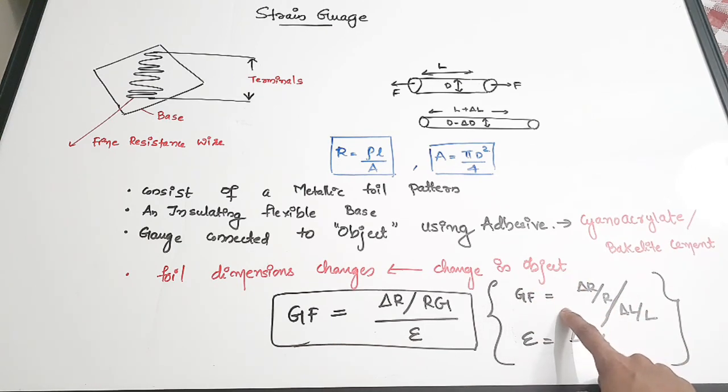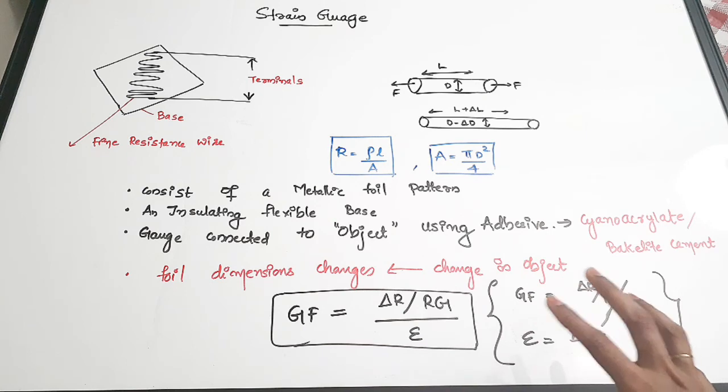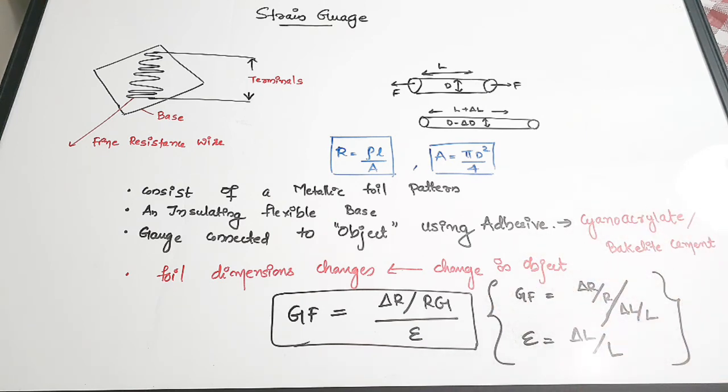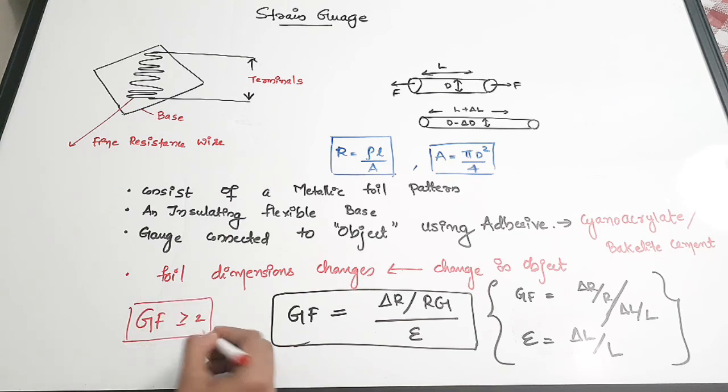Generally, for strain gauges with metallic foils, the value of GF will be slightly greater than 2 for the basic strain gauges which we use, so almost greater than or equal to 2.